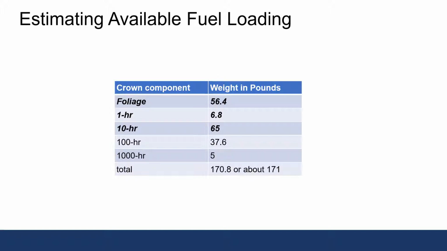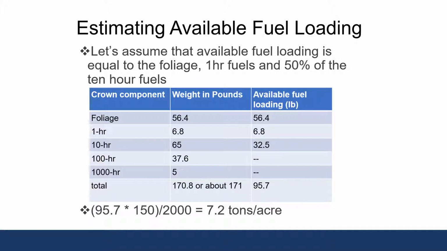Now we have calculated the total canopy biomass using allometric equations. Again, we will use the same ponderosa pine forest with 150 10-inch trees on it. You can see I added a row to our table called available fuel loading because we decided that all foliage in 1-hour fuels would be counted in the available fuels. I simply moved these values over.